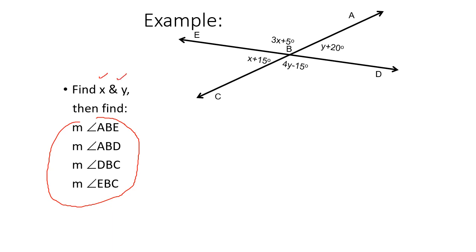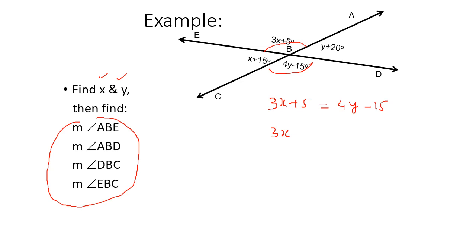So as per the question, 3x plus 5 is equal to 4y minus 15. Why? Because these two are equal, right? And I can simplify them. Let me bring the 4y to the left side.